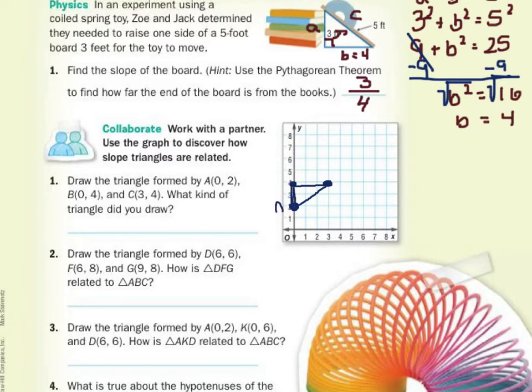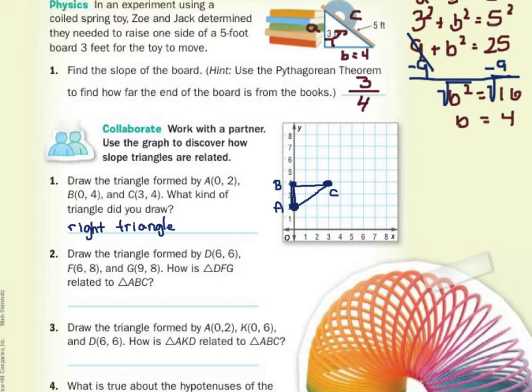And so we had our A, B, and our C. What kind of triangle did we draw? Well, we could see a little bit of a right angle there with B, so this would be a right triangle. Draw the triangle formed by D at (6, 6), F at (6, 8), and G at (9, 8).